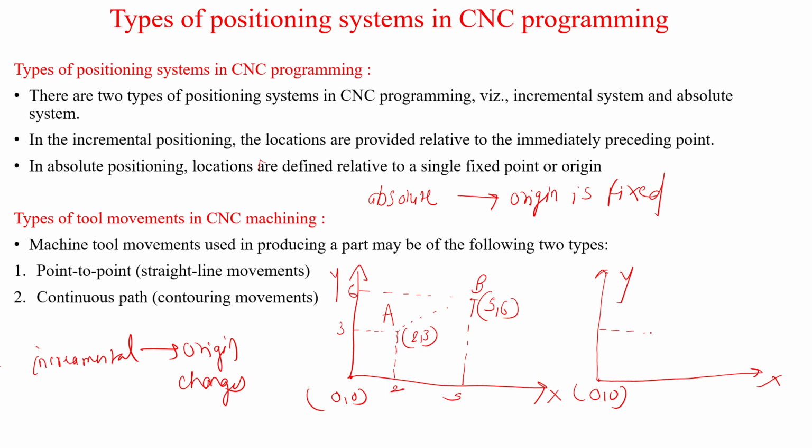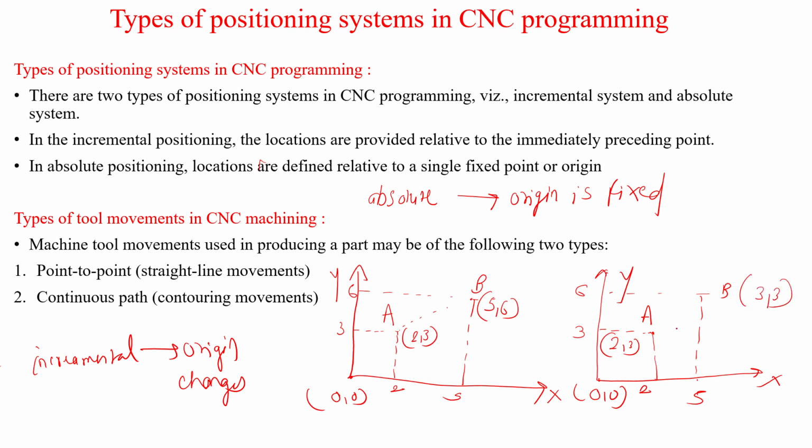You are first at point A, which is 2, 3. Similarly, point B is at a complete distance of 5 and 6. But the coordinate of A is 2, 3. Can anyone tell me what is the coordinate of B? 3, 3. Right.